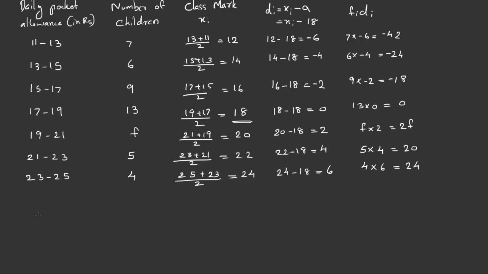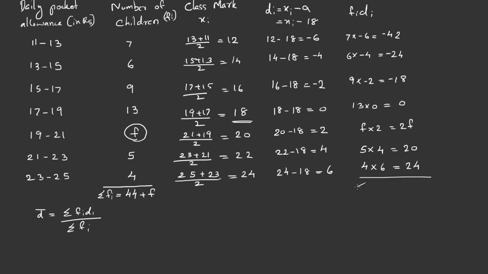For calculating mean of deviations d bar, I need to find sum of fi di and sum of fi. This is fi, I know the frequencies. Sum of fi is 7 plus 6, 13 plus 9, 22 plus 13, 35 plus 5, 40 plus 4, 44 plus f. Therefore, it is 44 plus f.